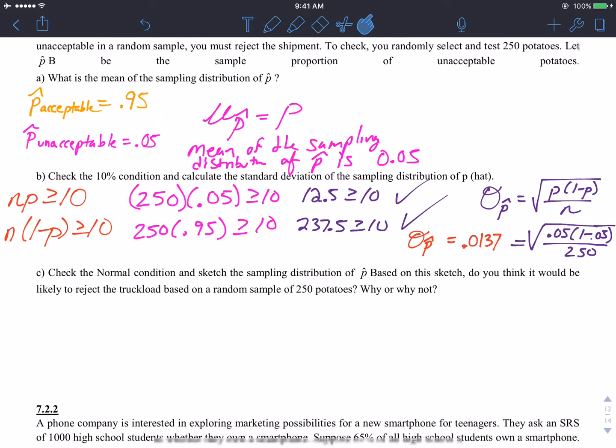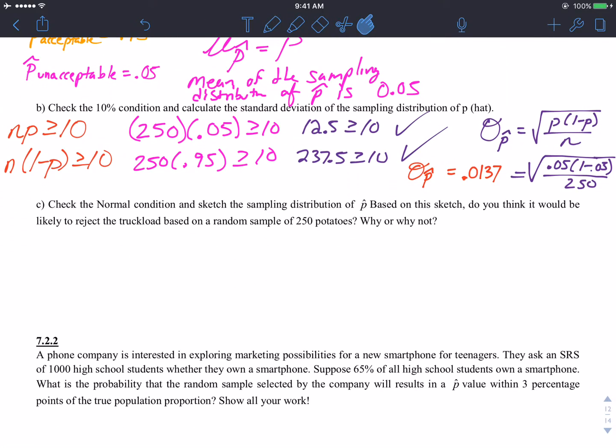Part C says check the normal condition and sketch the sampling distribution of P hat. Based on this sketch, do you think it is likely to reject the truckload?